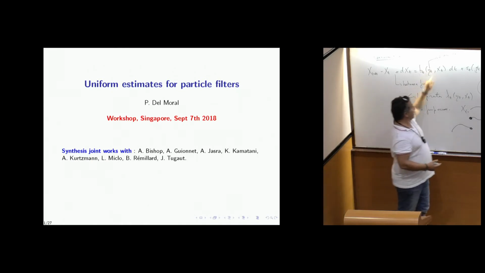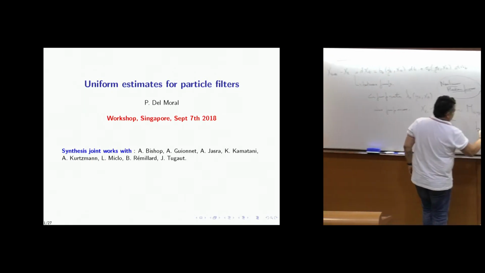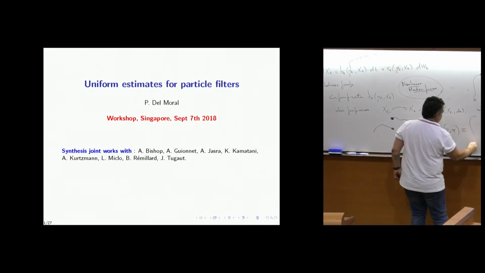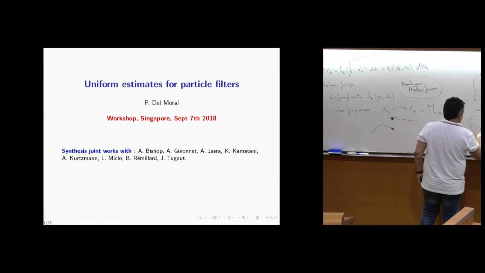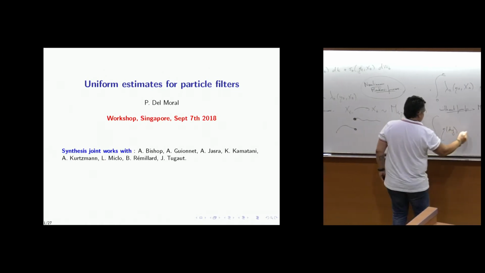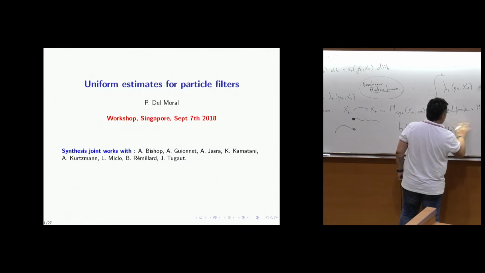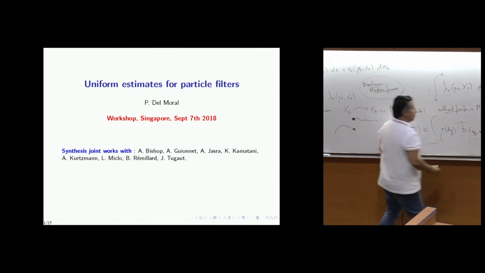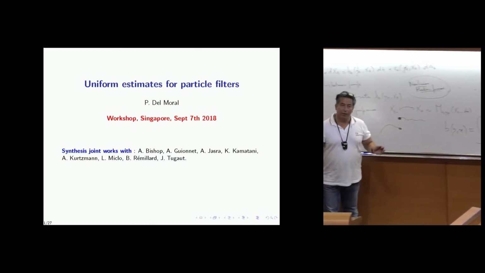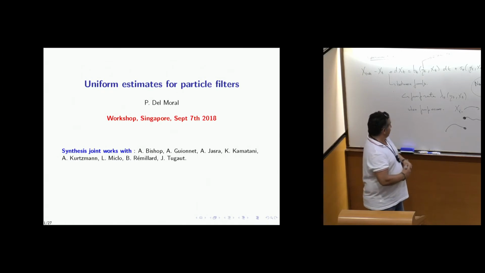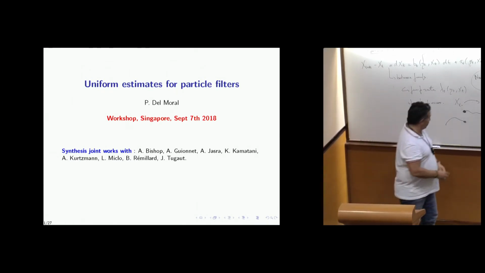So a typical example of this drift will be: you integrate with respect to η some function, let's call it b again, of y and x. That's an example, a typical example people are using. Okay, so if you have this type of model, it's a nonlinear process.